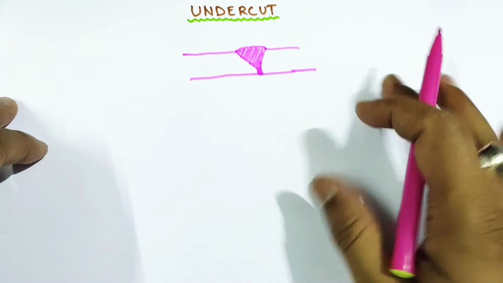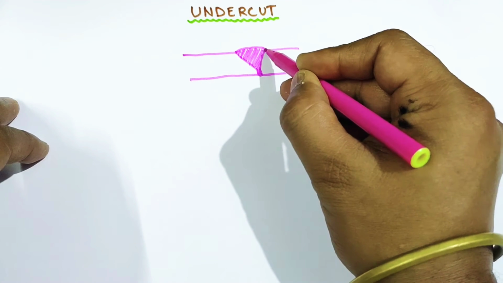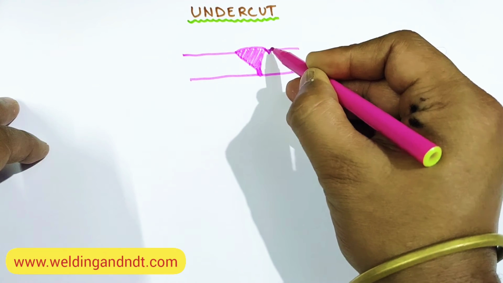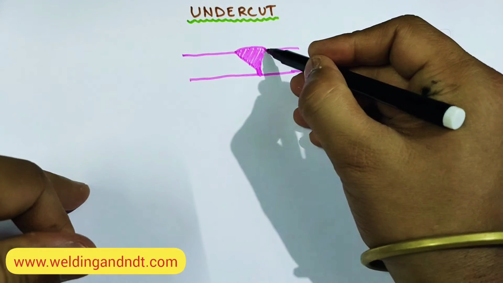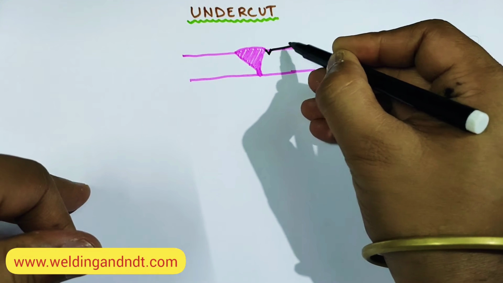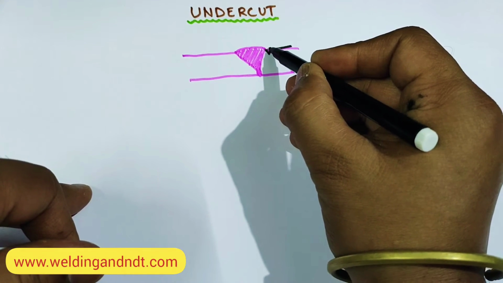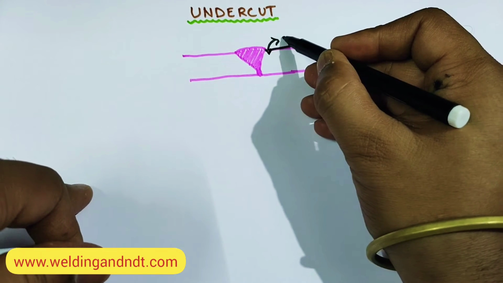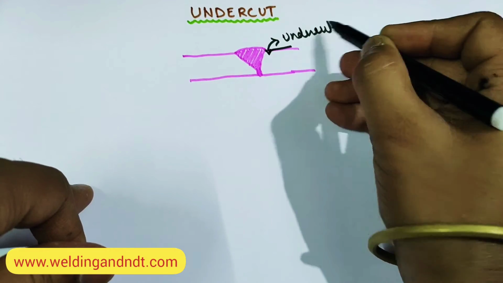But what happens? On the base metal near the weld metal, a narrow groove is formed. See, this is your base metal. On the base metal near this weld metal, a groove is formed, and this groove is known as undercut.